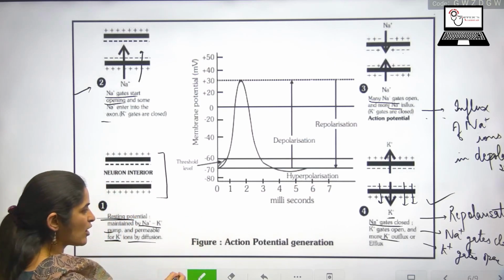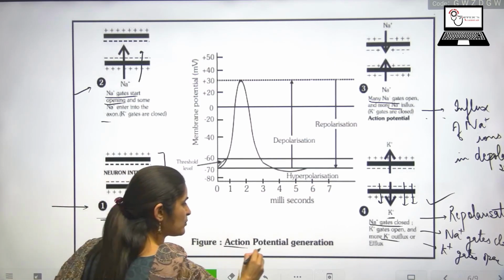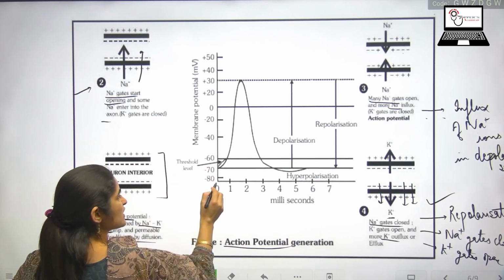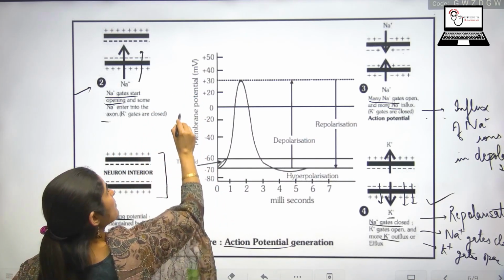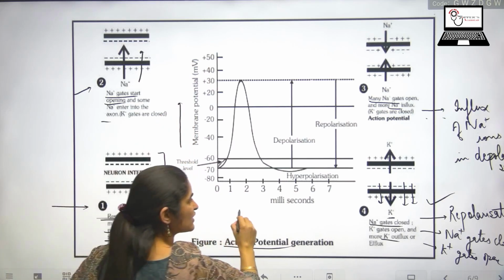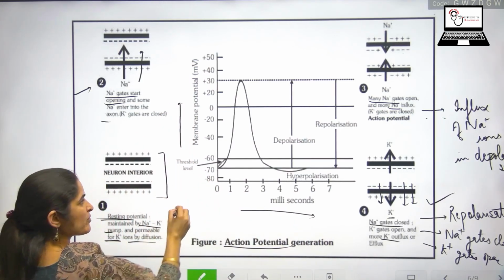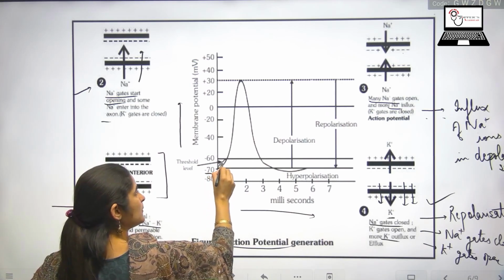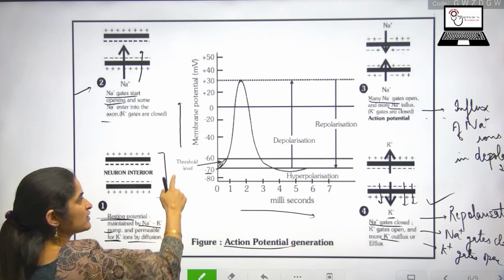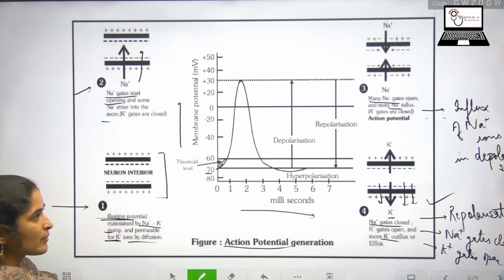See here the diagram of the action potential. From 0 to plus 50, this is the membrane potential, and this is the time in milliseconds. The potential is generated, that is, minus 70 to minus 60. This is the threshold level. Got it, beta?